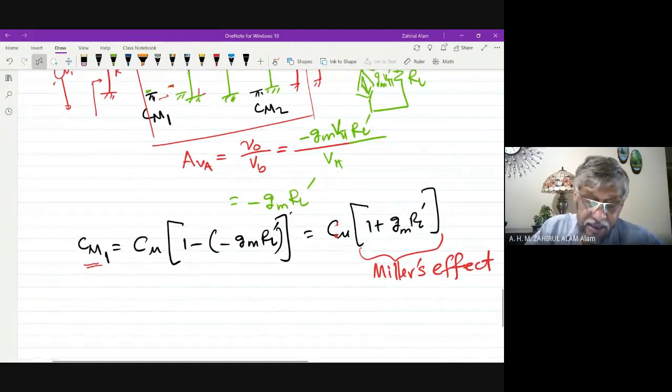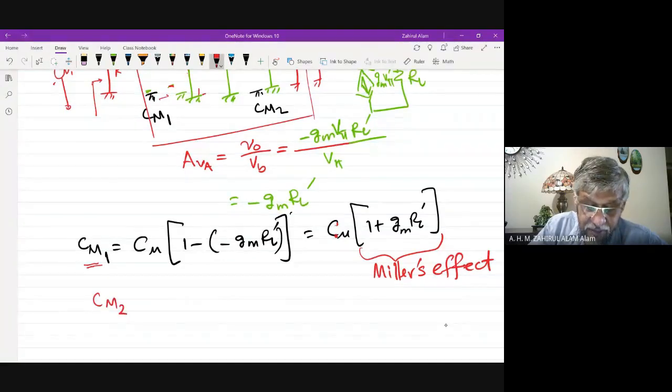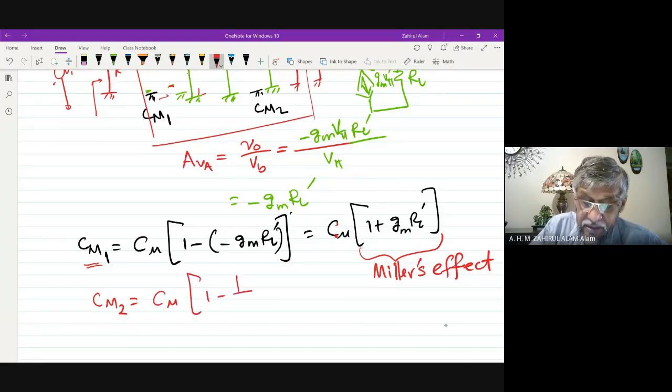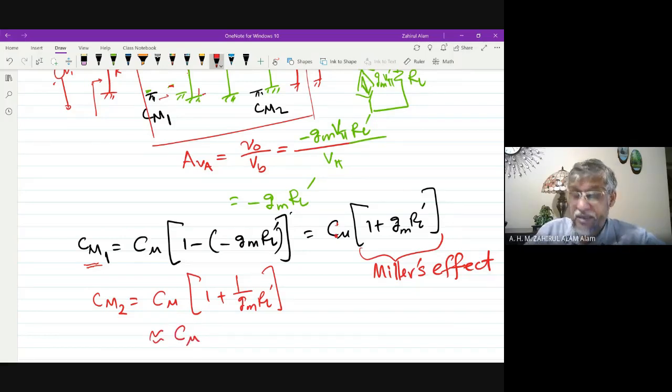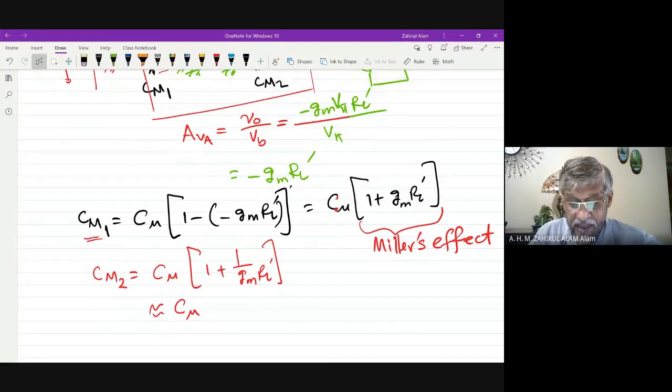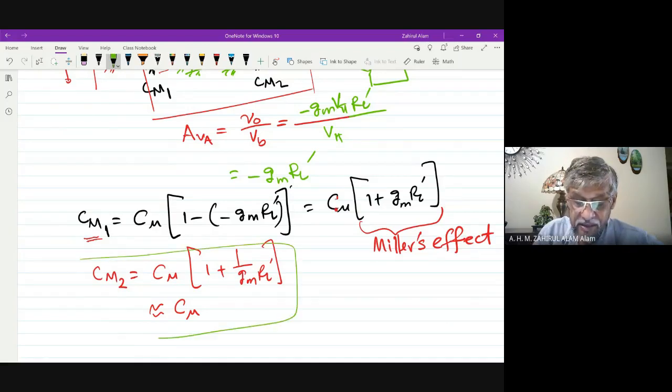By Miller's theorem, CM2 is equal to C mu times 1 minus 1 over GM RL prime, so this is approximately C mu. In the case of the output capacitance, there is no Miller effect. There is no increase of capacitance value, it stays the same.